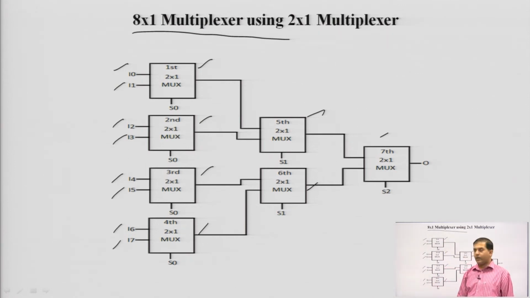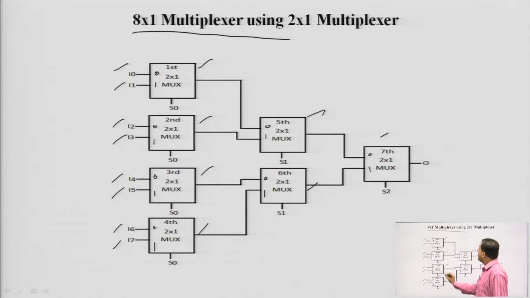So, these are 0 1, 0 1, 0 1 and 0 1. And here also the outputs of the 5th and 6th are 0 1 and 0 1.